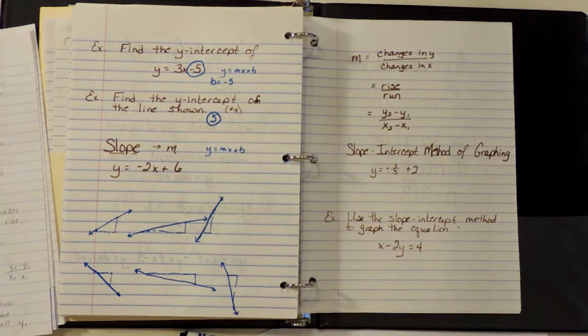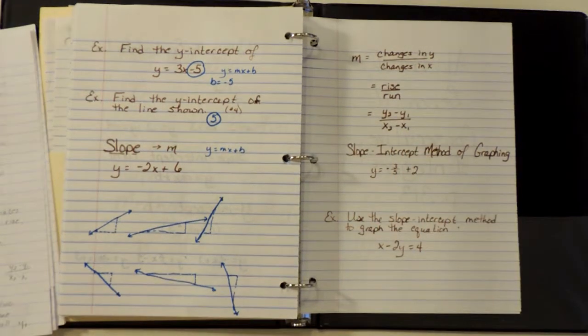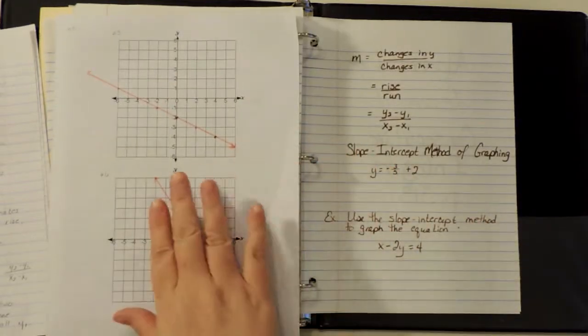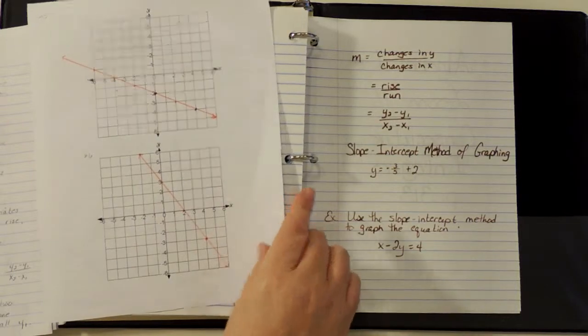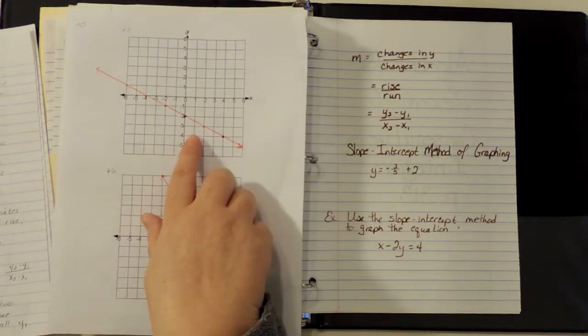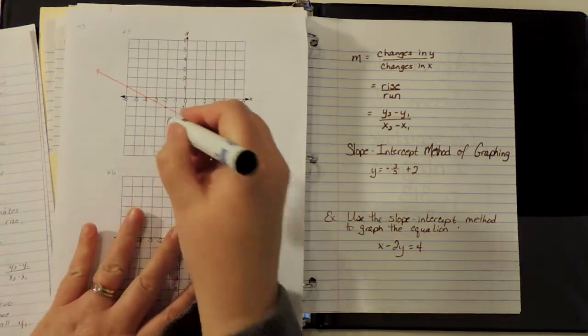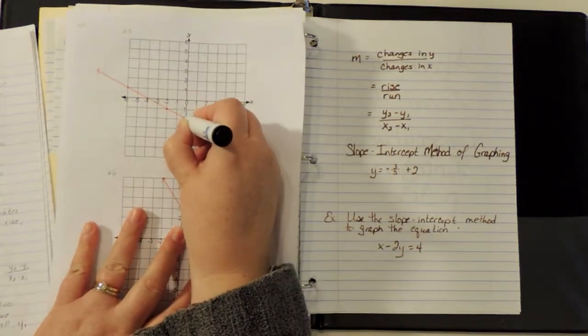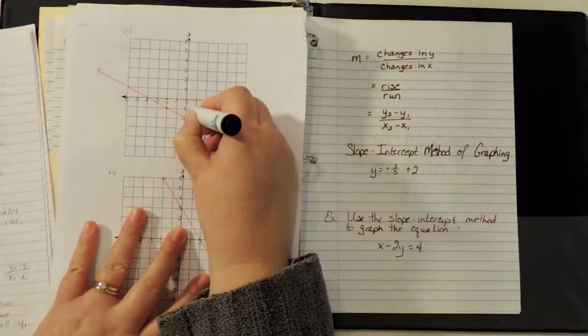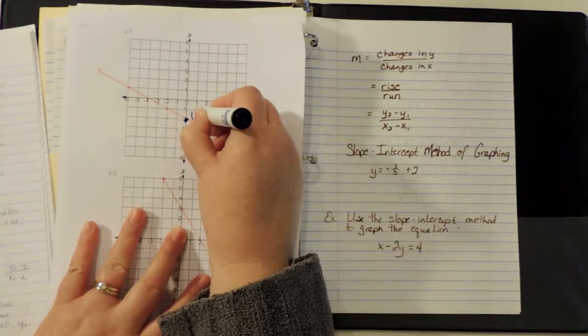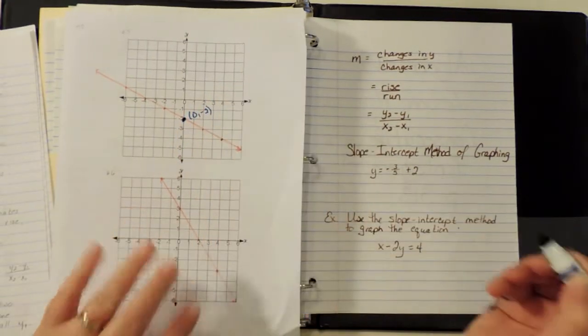So we're going to look at a graph. We'll look at this graph right here on top. And we're going to choose two points from this line. It can be any point on the line. We're going to choose, just for an example, this point: the x is 0 and the y is -2.